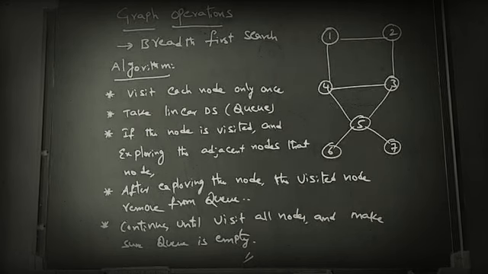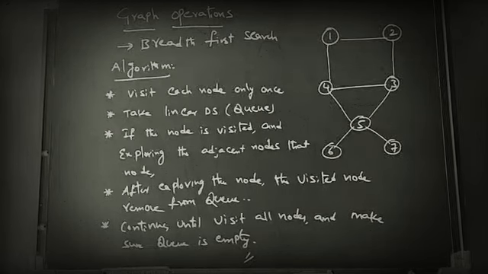Now once again recollect the points. Whether we call it an algorithm or a program procedure, we have to write these key points before implementing a graph with an example. Visit each node only once.